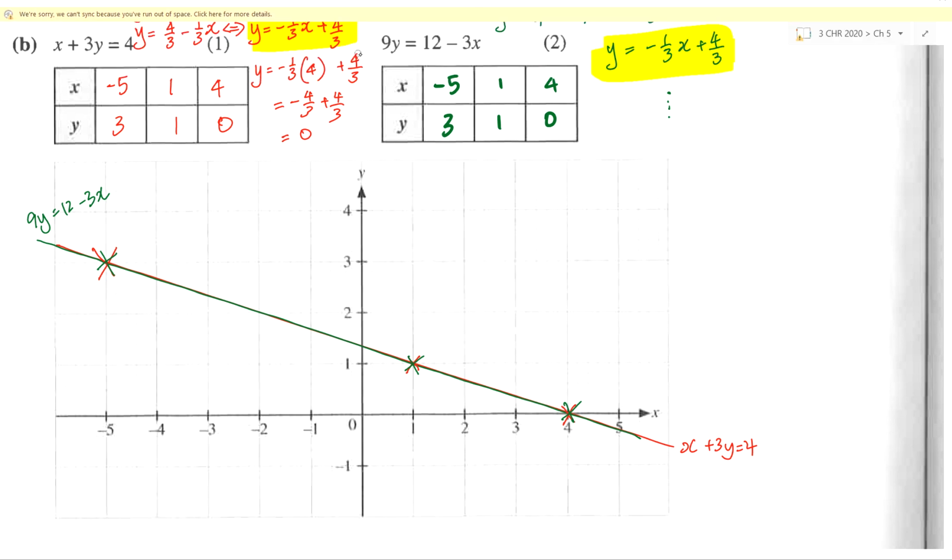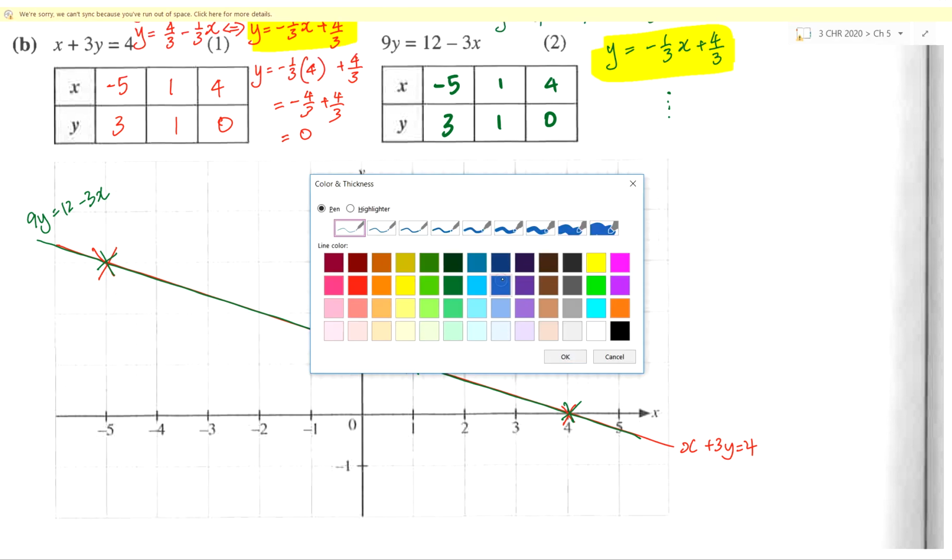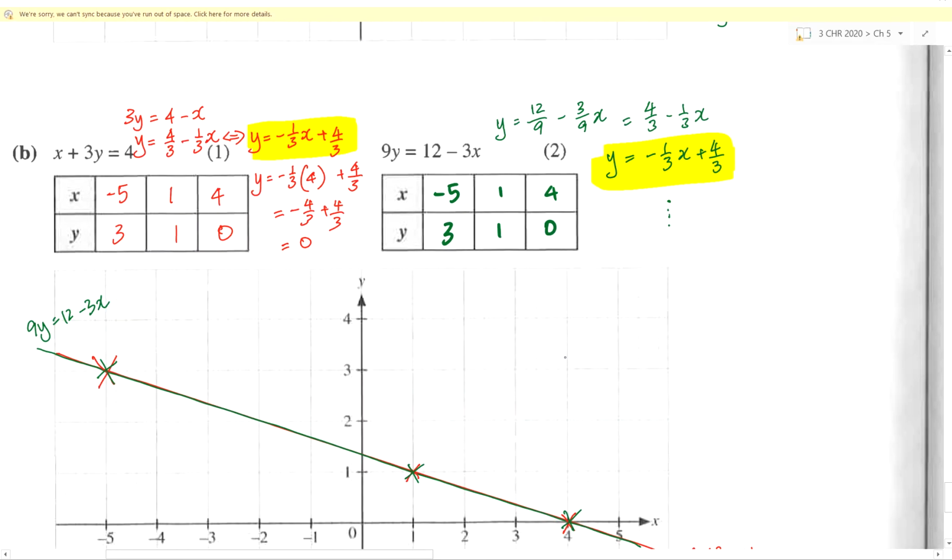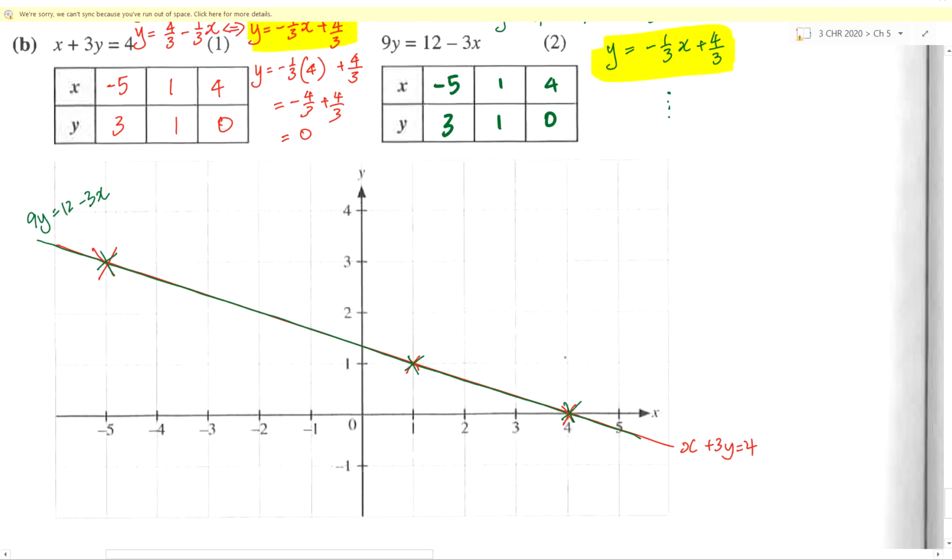Then think about it. Do these two graphs actually intersect each other? Do they cut each other? Because right now we are trying to find out the number of solutions. And turns out they do. They intersect at every single point because these two graphs are the same graph.